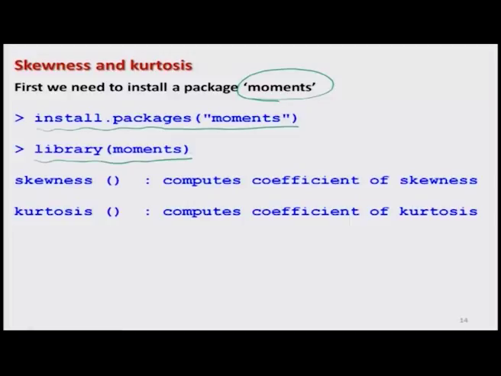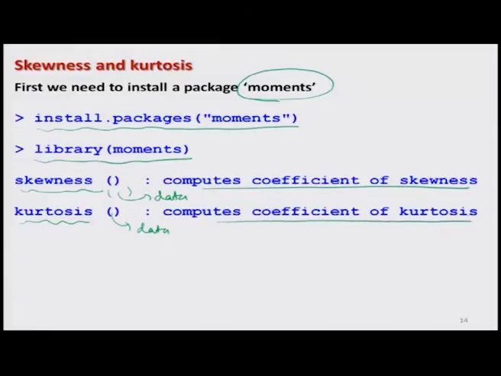After this, you simply write skewness, and inside the arguments whatever the data vector is, and then kurtosis, K-U-R-T-O-S-I-S, and inside the arguments you write the data vector. So, skewness will compute the coefficient of skewness that we discussed earlier, and similarly kurtosis will compute the coefficient of kurtosis that we discussed earlier.